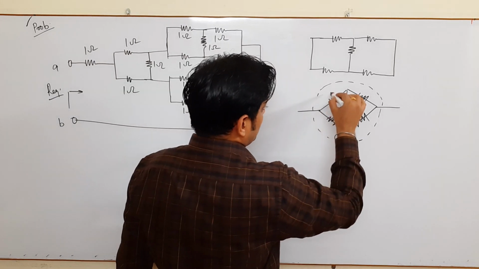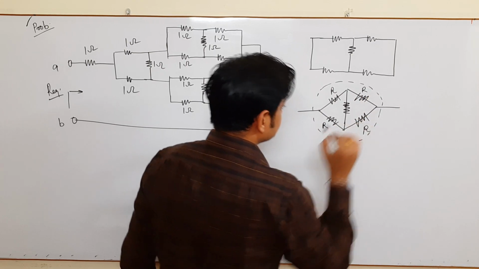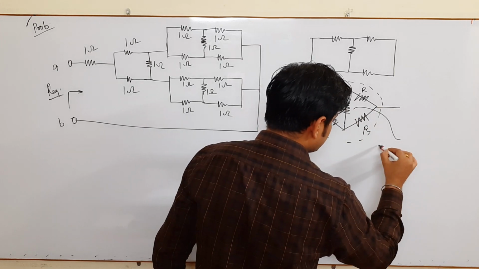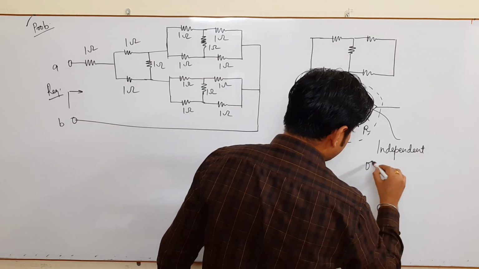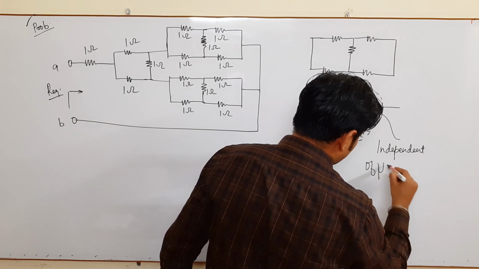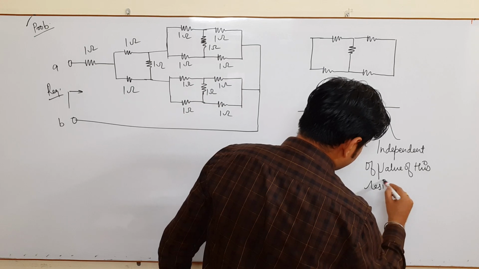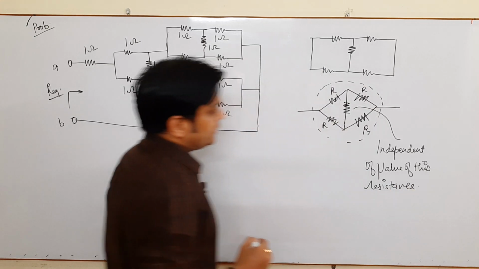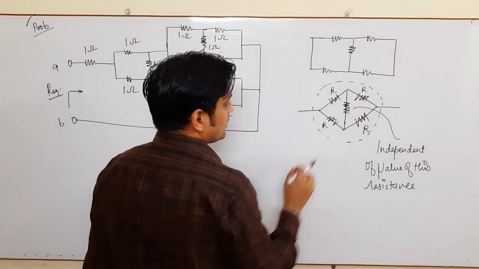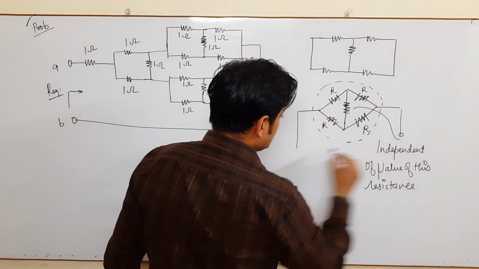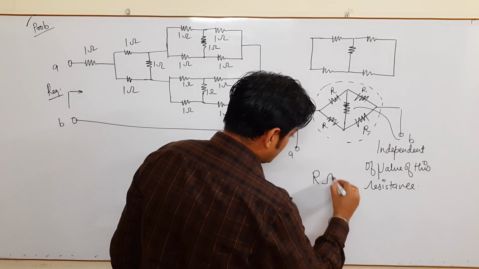But just keep in mind, when these resistances are the same, say this is R ohm, this is R ohm, this is R ohm, independent of the value of this resistance, if you find these resistances to be R ohm, then the equivalent resistance at these two terminals AB is always R ohm.